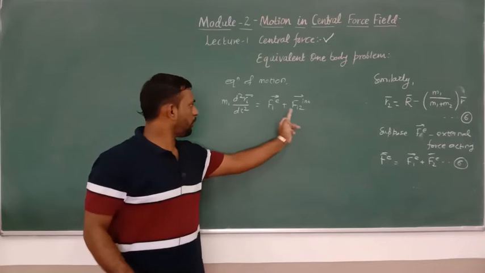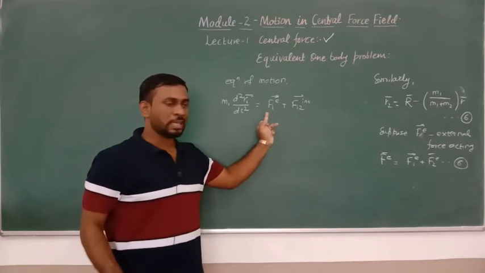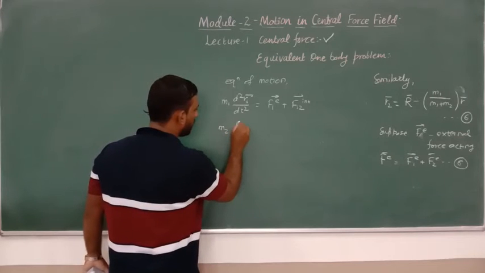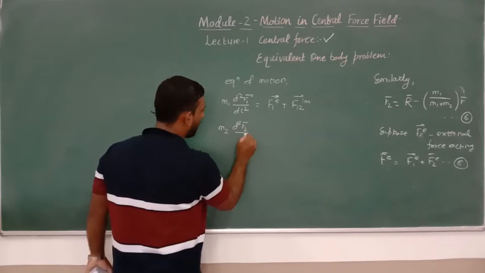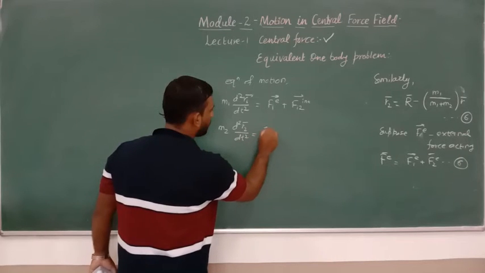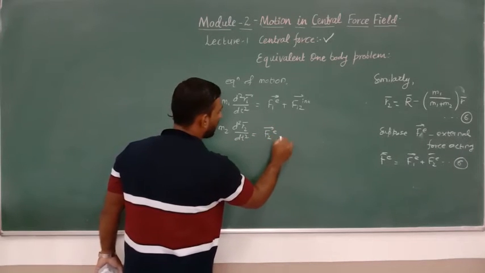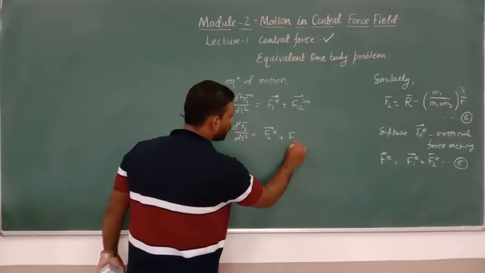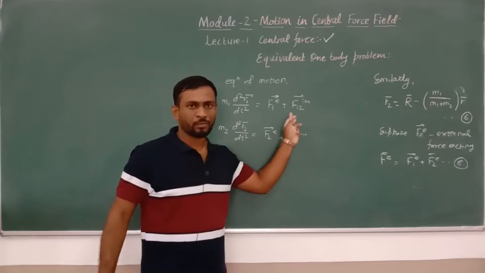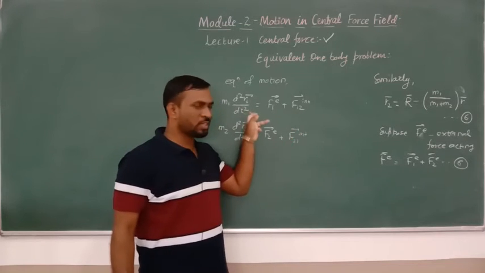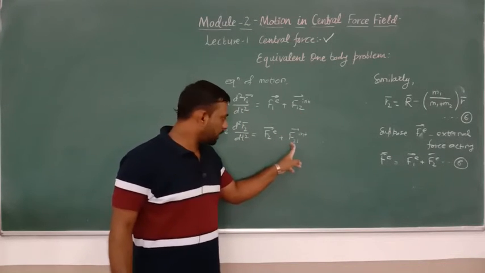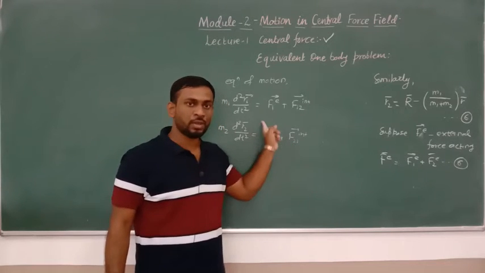So f12 and f1e. Similarly for the second: m2 d2 r2 bar by dt square equals f2 external plus f21 internal. So what is f12? Internal force on the first particle due to the second particle, and f21 is the internal force on the second particle due to the first particle.